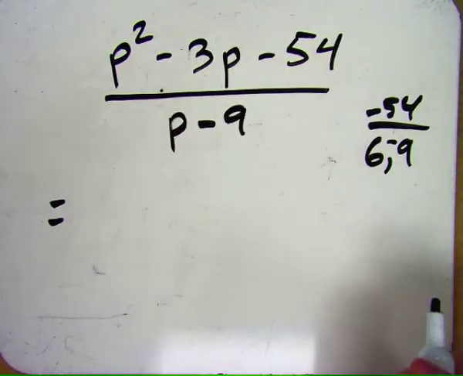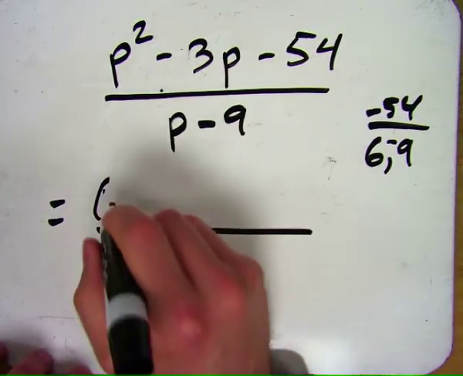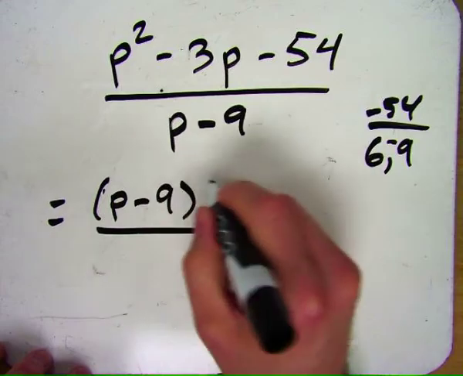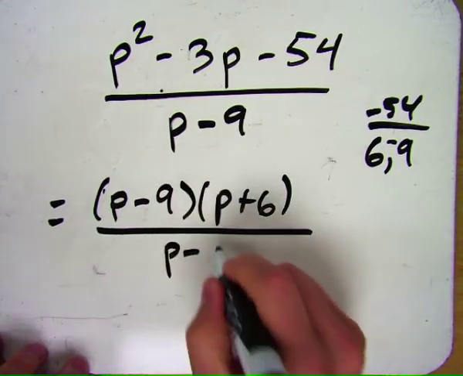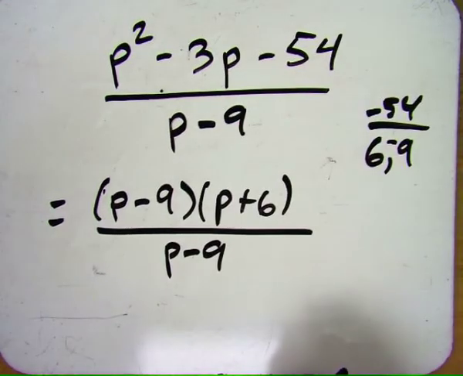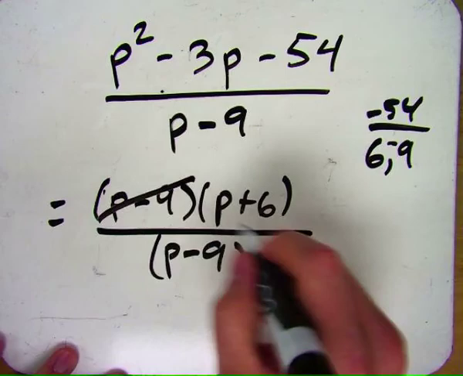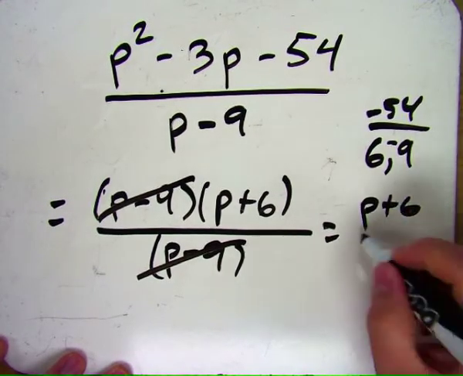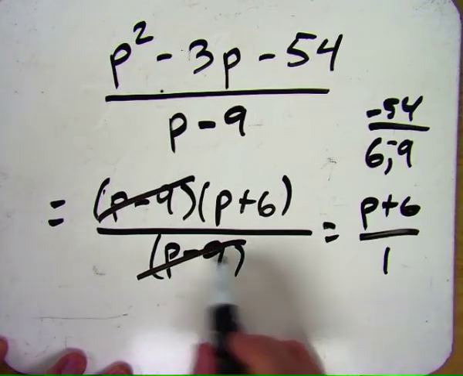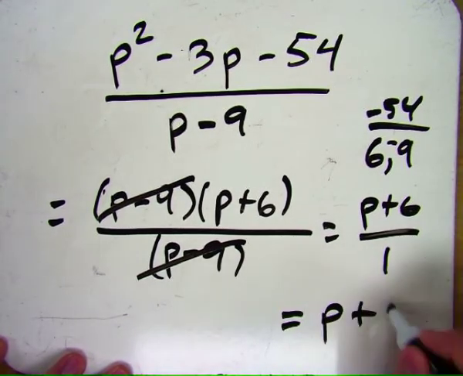We have to be able to factor very easily. The point is, we have p minus 9, p plus 6, and downstairs we still have a p minus 9 that's left over from the beginning. Well, these can cancel. Now you could write p plus 6 all over 1, because you canceled and there's only 1 down there, but really, that's just the same as p plus 6.